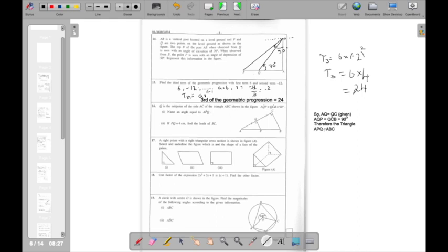Is congruent like this. You should put 3 lines. Therefore the angle APQ, this angle and this angle should be equal, right? They should be equal. So therefore you can also call this as similar triangles, right? You can also call this as similar triangles.